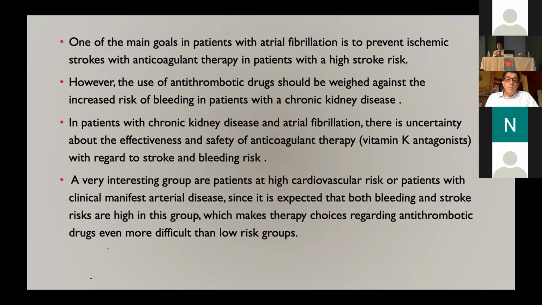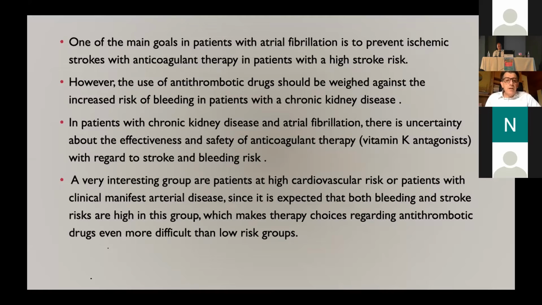So the question is when and which anticoagulants we should use for these patients, because on one side we are giving the right anticoagulant therapy, but at the same time we are giving high chances for bleeding and increased mortality.